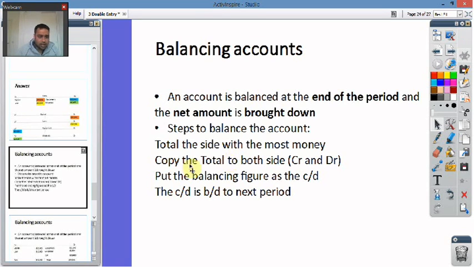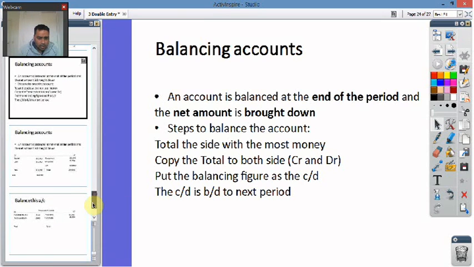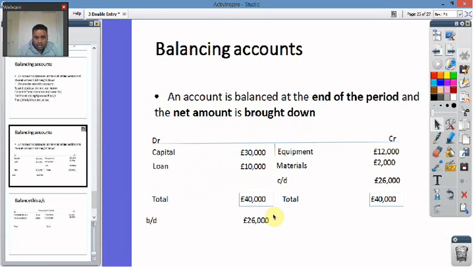Let's take a look at an example of this. This account here is being balanced. This side, can you see, has the most money in it, the highest value, which is 40,000. This amount is less than 40,000, it's £26,000 less. So we need to put this in as a balancing figure, and you title that CD.